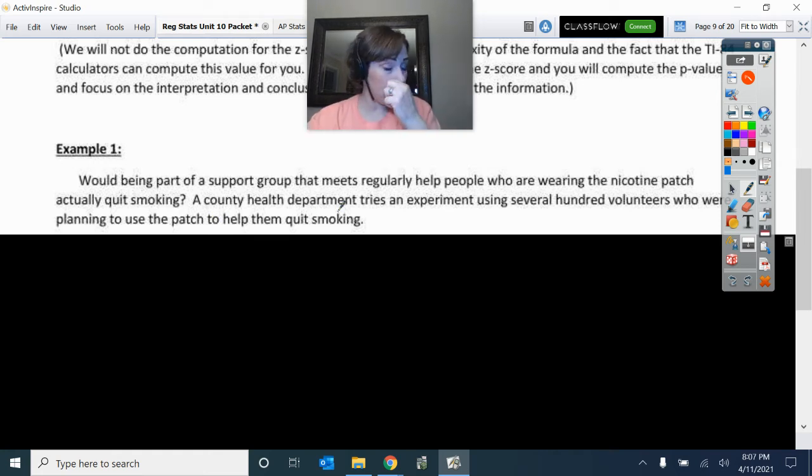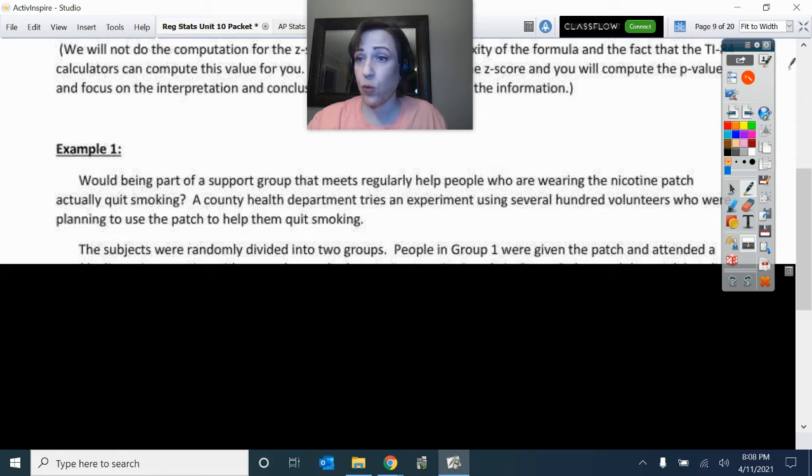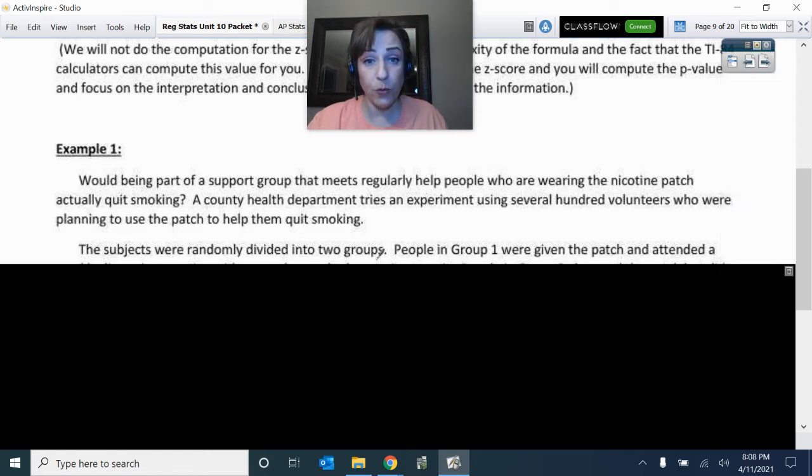Okay, so the quality of our volunteers, number one, they already were motivated to quit. And number two, they were all planning on using the nicotine patch. So they are now wondering if the addition of the counseling group will make it a higher success rate at quitting smoking. The subjects were randomly divided into two groups.